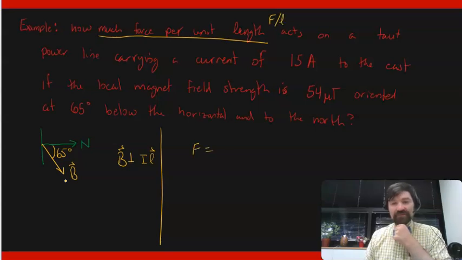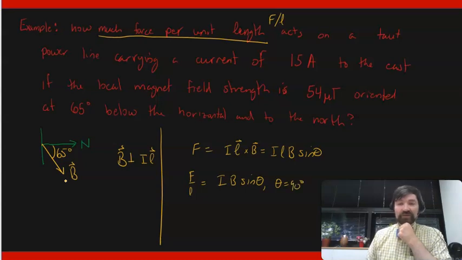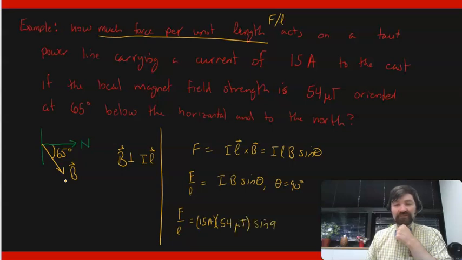Now, since F is IL cross B equals ILB sine theta, it follows that F over L is just I times B times sine of theta. Well, we just established that theta is 90 degrees. Okay, so this means that F over L is 15 amps times 54 microtesla times sine of 90 degrees.